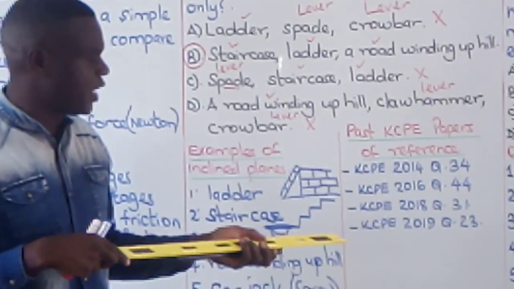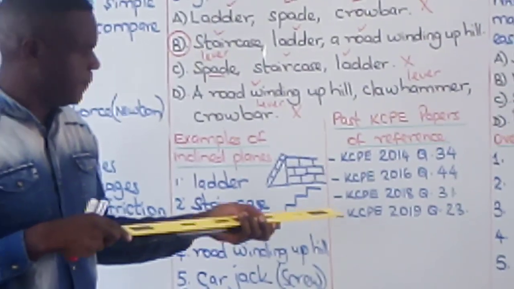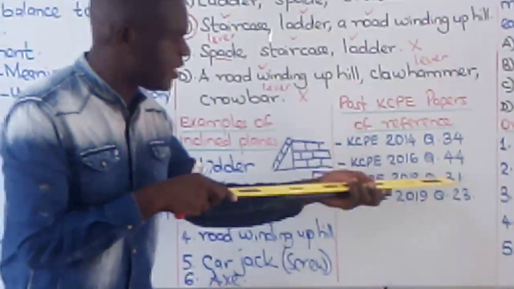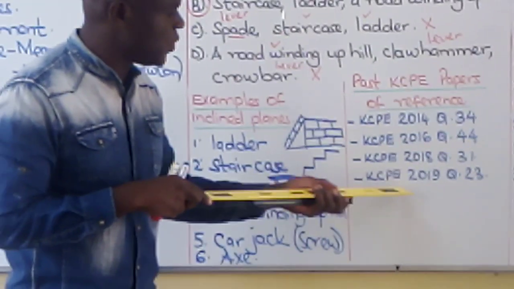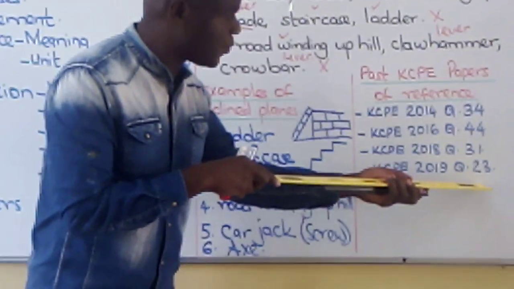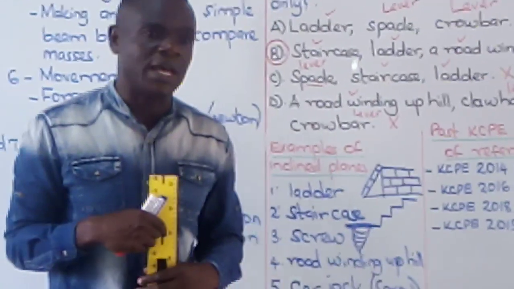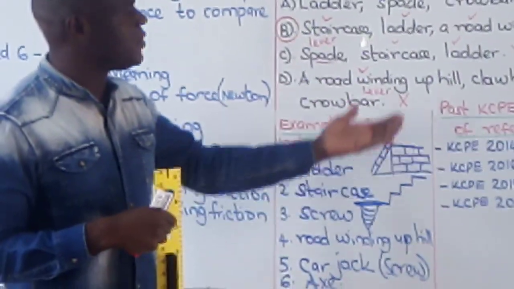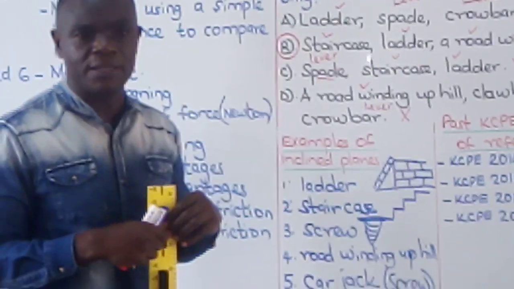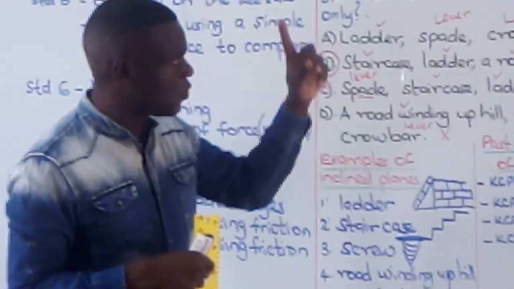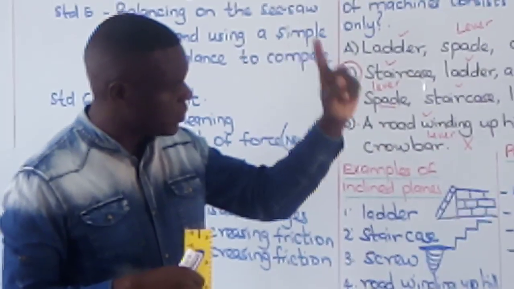It's talking about inclined plane. KCPE 2018, question number 31, and KCPE 2019, question number 23, they are talking about inclined planes. Boys and girls, there's not so much that you can set from class 8. KCPE papers will talk about one question, only one question.